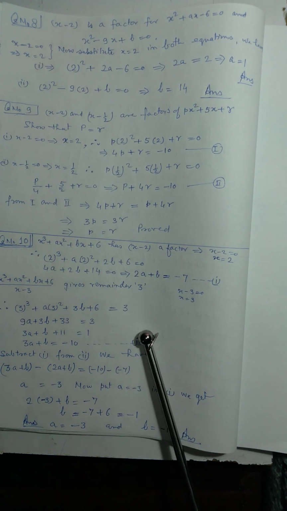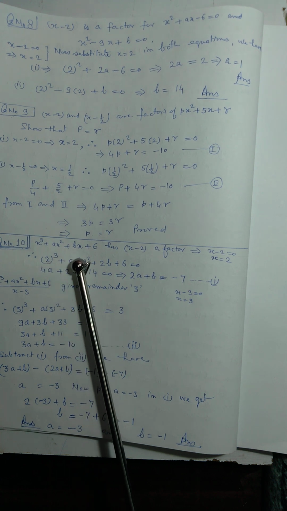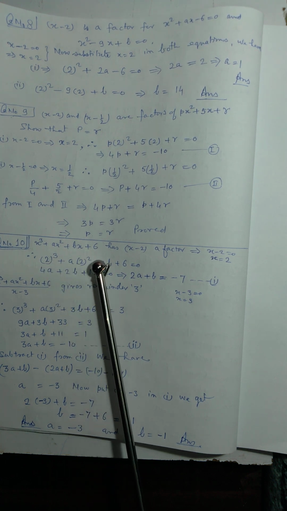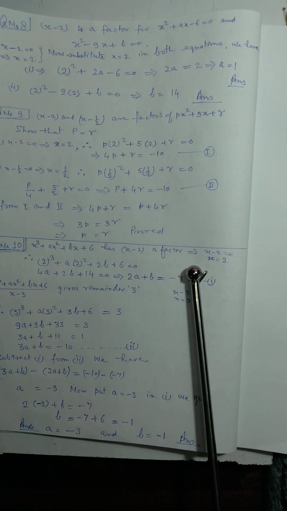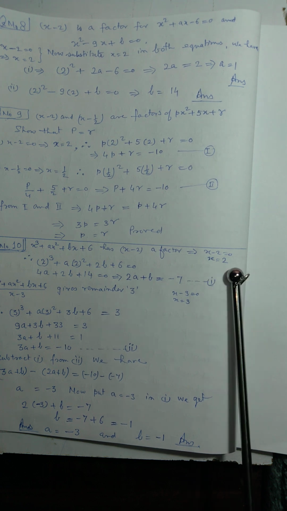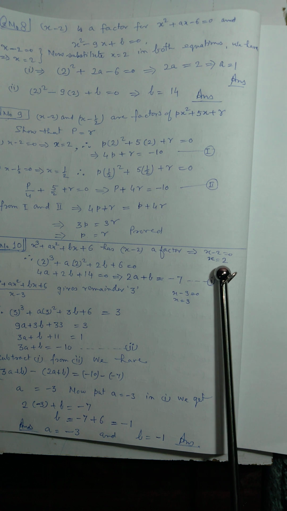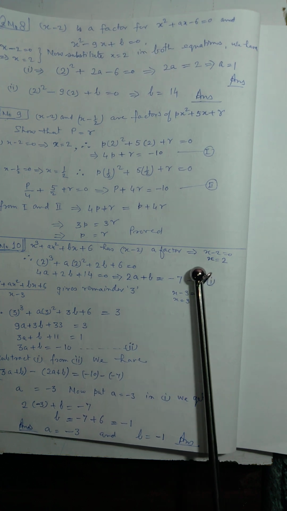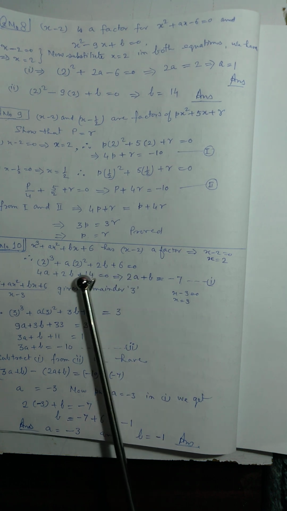Now you see, x cube plus ax square plus bx plus 6 has x minus 2 as a factor, therefore x minus 2 is equal to 0, so x will be equal to 2. Now substitute the value. It is already given that x minus 2 is a factor, so on substituting this value of x, we should equate it to 0.